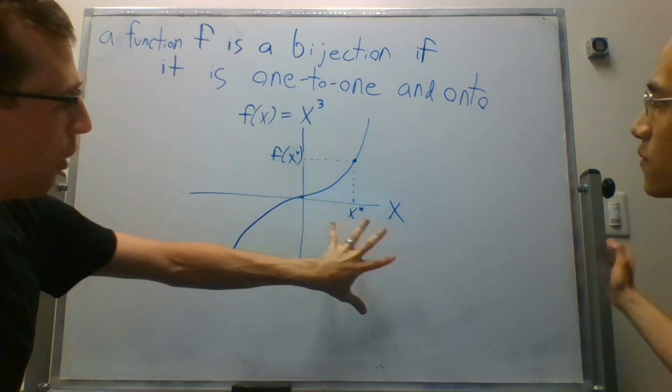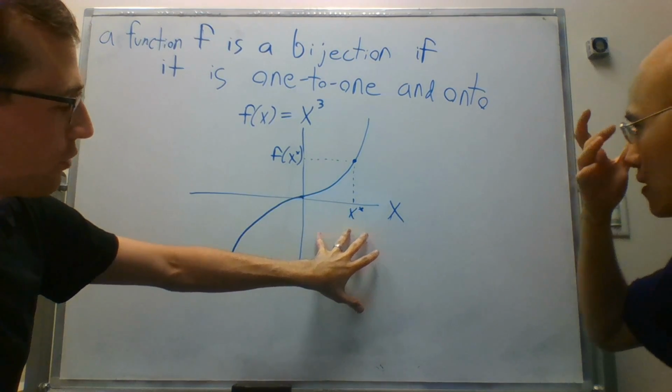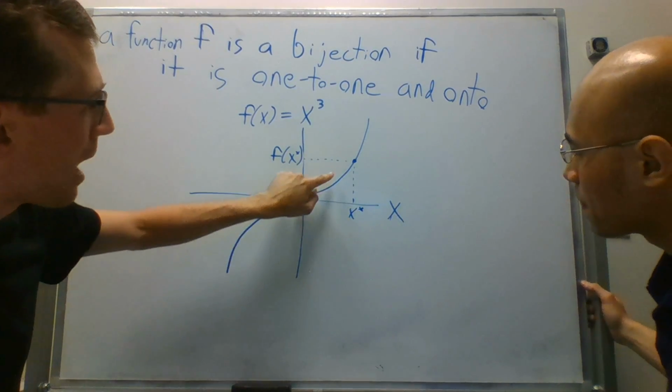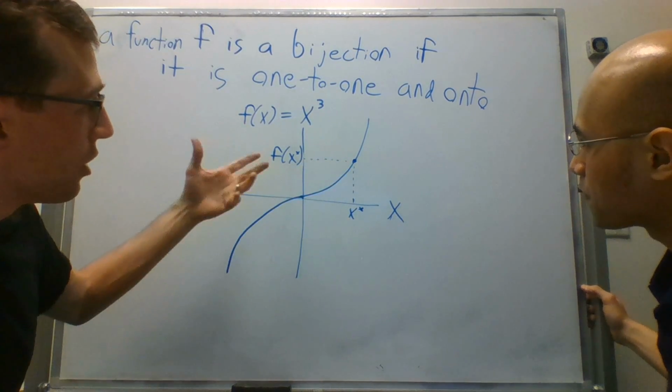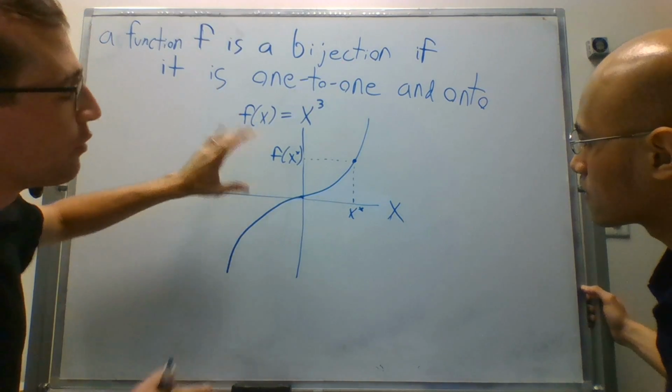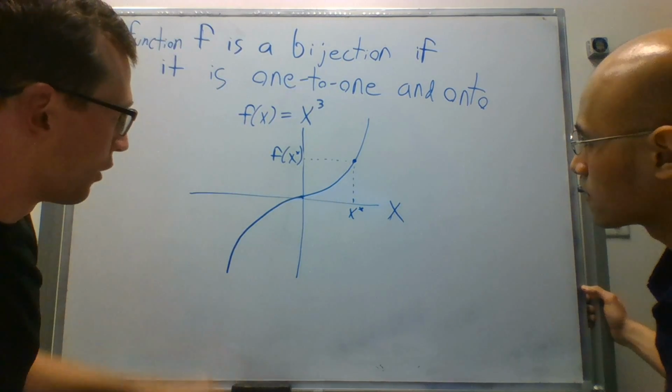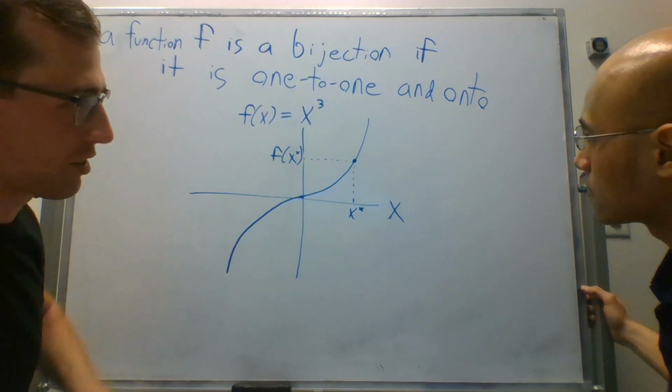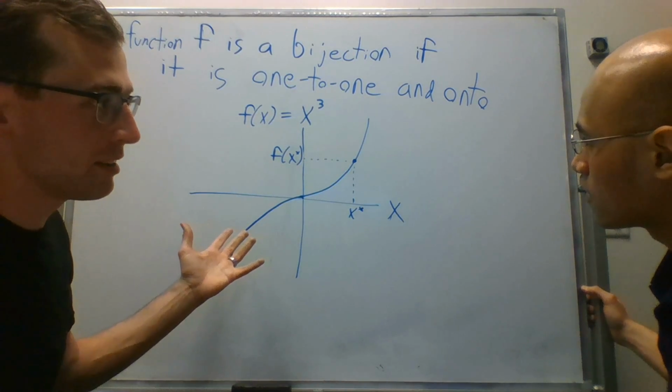So there's only one point in the domain of this function, which is x, that maps to f of x star. Yeah. So if you've been given f of, let's say, a, for example, and it's equal to f of x star. Well, what can you tell about a?